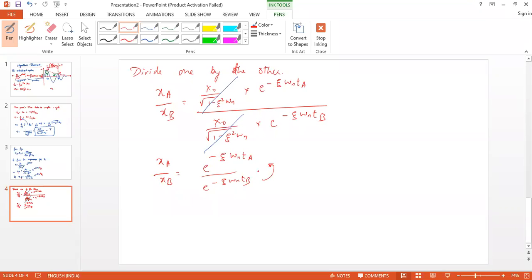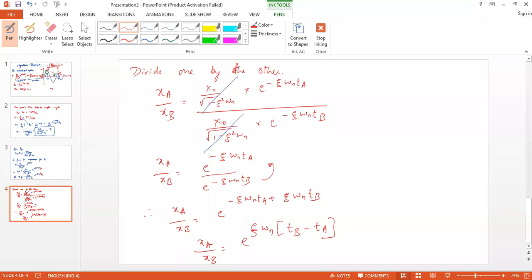And we can bring this to the numerator. Therefore, XA by XB is equal to e power minus zeta omega n tA plus zeta omega n tB, or XA by XB is equal to e power zeta omega n multiplied by (tB minus tA).